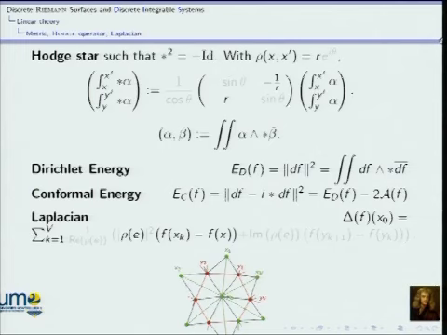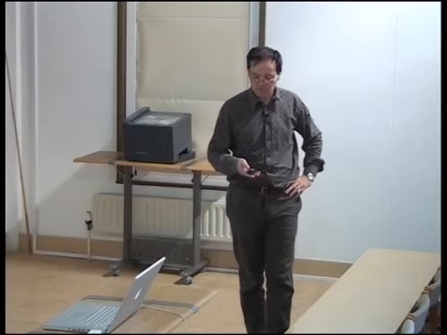So the minimums of the Dirichlet energy are given by the harmonic functions, the functions which are in the kernel of the Laplacian. You can set up as well a conformal energy, which is the L2 norm of df minus I star df. We saw that this thing is null on functions which are discrete holomorphic, and you can relate this conformal energy in the usual way to the Dirichlet energy. So this is simply to say that things are going mostly as in the continuous case.